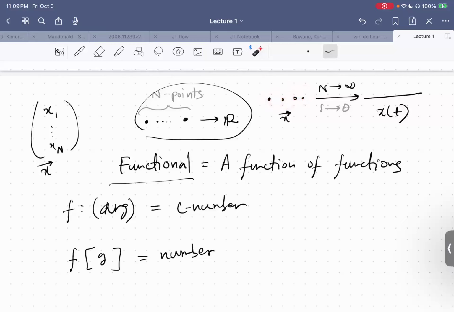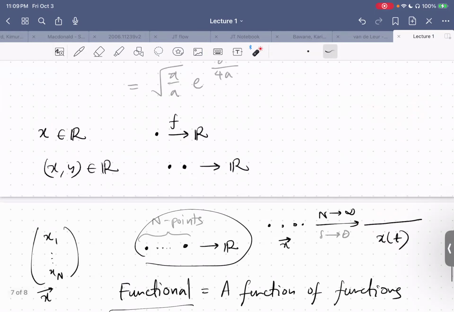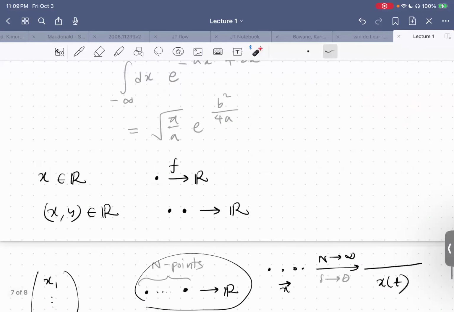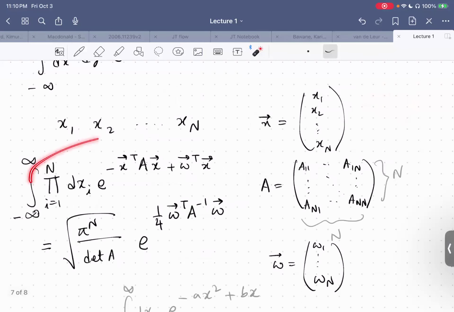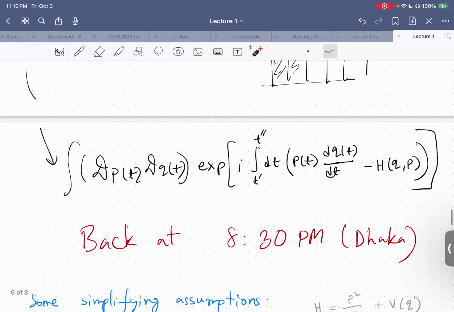There are n points. But then n goes to infinity, the separation goes to 0. These points become very dense and become a line. But x is x. It still assigns a real number to each point of this set. But now we think of it as a function on a real line. So this naturally transitions into expressions like this. So where we are now integrating our functions of one variable t. And here you have some expression that gives you a number once you plug in a function. So this is a functional.